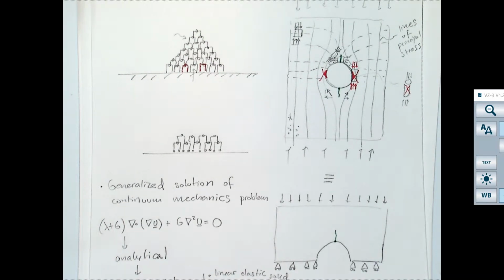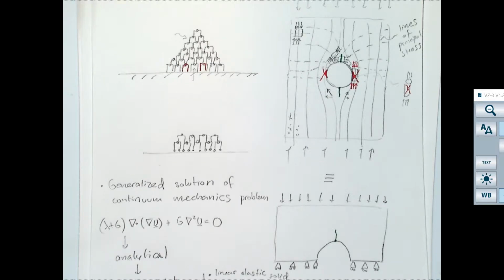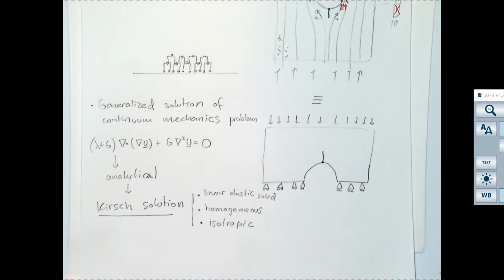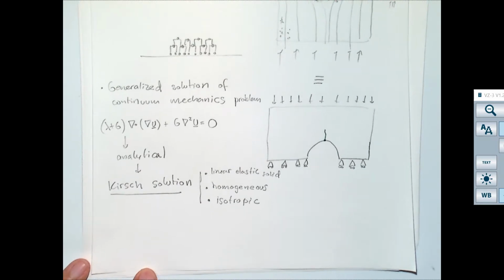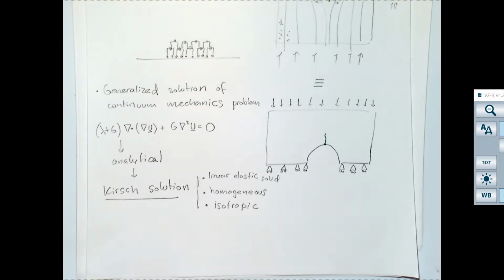What else? I'm missing one. So it's linear, it's elastic, it's homogeneous, and also is an isotropic solid. Those are a lot of assumptions, and we have seen before that rocks are not linear elastic, are not homogeneous, and are not isotropic. So you should be cautious about it, okay? It's an approximation, but in real applications it may be a little different and sometimes a lot different.